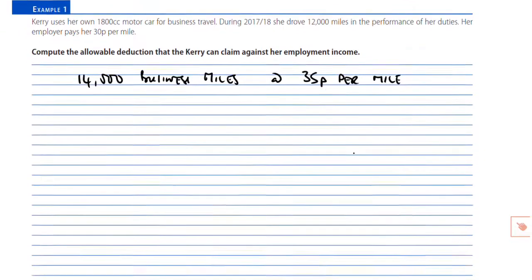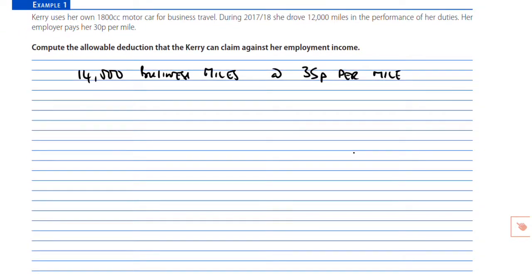What we've got to work out is whether there is an assessable benefit to be levied upon the employee, or whether there's an allowable deduction to be allowed to the employee and a reduction against their employment income. So what do we do? We compare the amount reimbursed with the approved mileage rates. So what's the reimbursement?